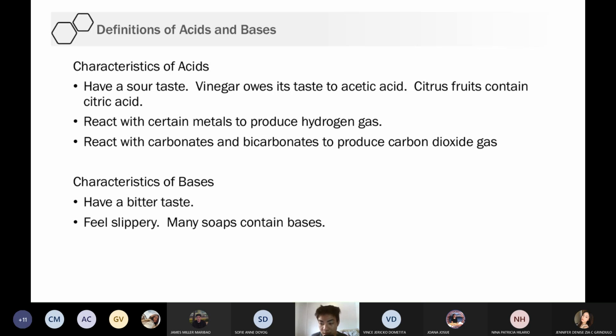Pinakita ko doon that when you react acid with metals, it forms bubbles. For that particular video, ang ginawa ko doon is may hydrochloric acid solution ako. Then I dropped zinc metal. And what happened is nag-react siya with HCl to produce zinc chloride and hydrogen gas. Hopefully naalala nyo pa yung video na yan.